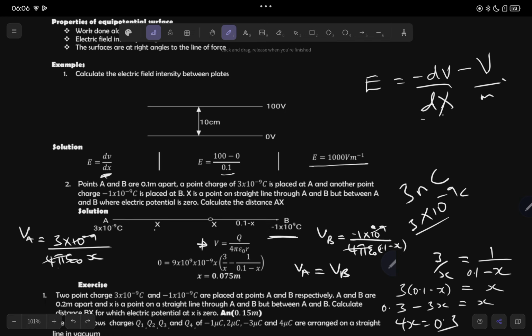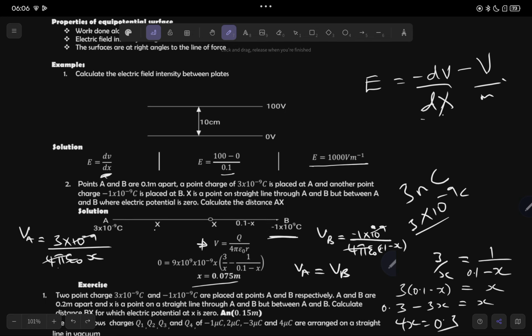And you'll have your x as 0.075 meters. Here I've given you an alternative way of doing it. Since this charge is negative and this charge is positive, for me to get a zero potential at x, one will be a positive potential and the other a negative potential. For them to give me 0, they should be equal in magnitude. A positive value plus an equal negative value in terms of magnitude will give you 0.